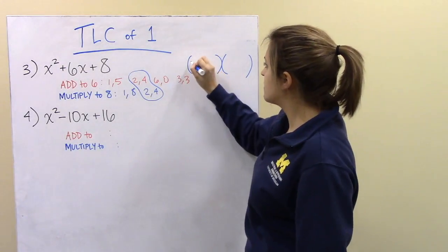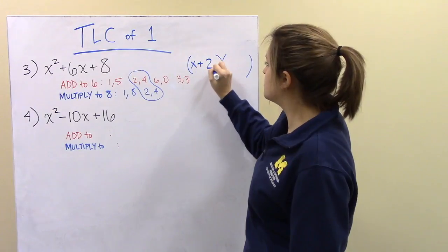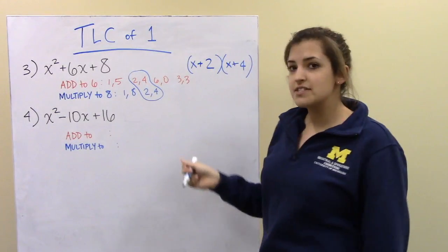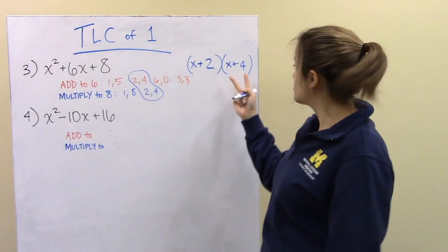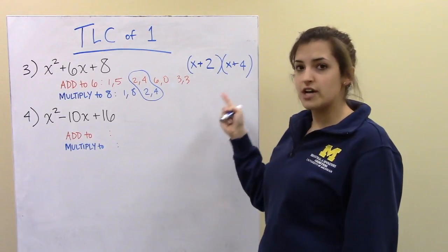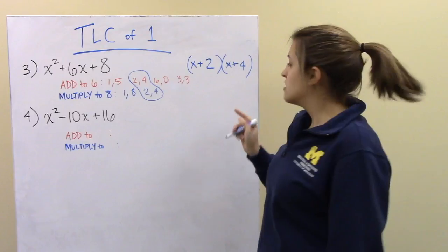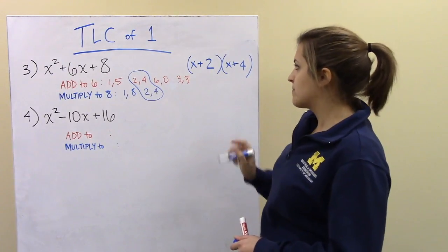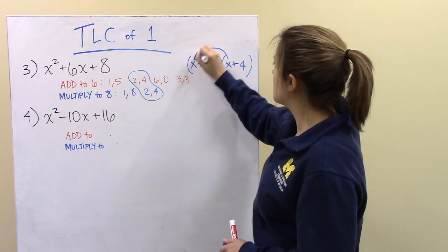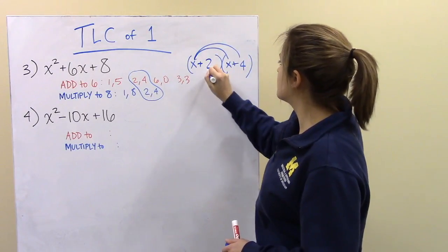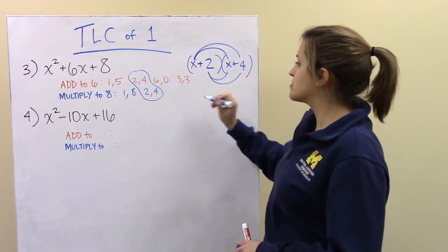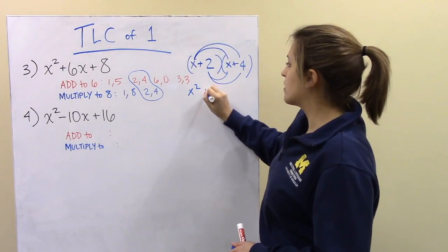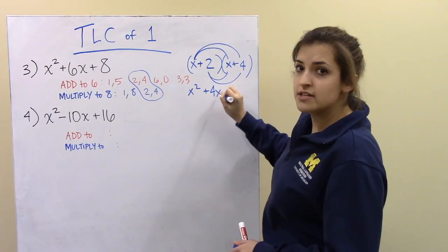So we're going to have x plus 2, one of those numbers, and x plus 4. It really doesn't matter where you put both of these numbers. You can flip those around, x plus 4 times x plus 2, because when we FOIL, we'll get the same thing. So let's check it by FOILing. So we're going to do first, outside, inside, last. So my first terms are x times x. That's x squared. Outside is x times 4, so I'm going to do plus 4x.